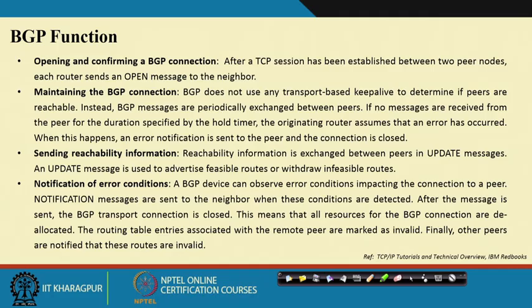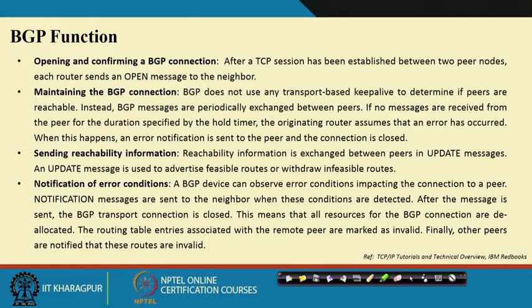After the message is sent, the BGP transport connection is closed. This means all the resources for the BGP connection are deallocated. So, once the notification is sent, the connection to that particular BGP peer is closed, and the resources allocated for it are released.